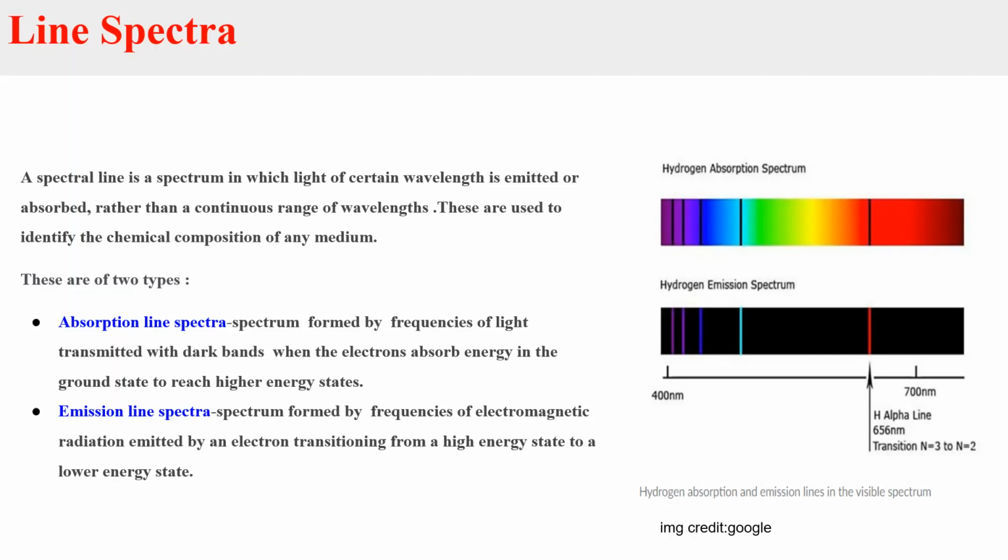We can see the absorption line spectra of hydrogen as an example here. The other one is emission line spectra. This is formed by the emission of energy radiated by the electron after coming from a higher energy state to a lower energy state.